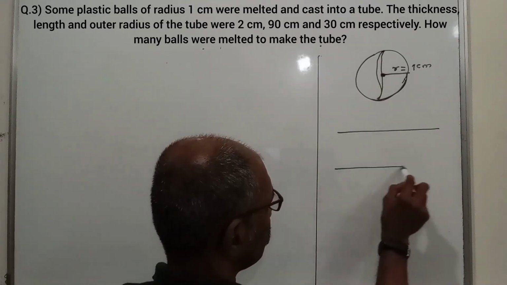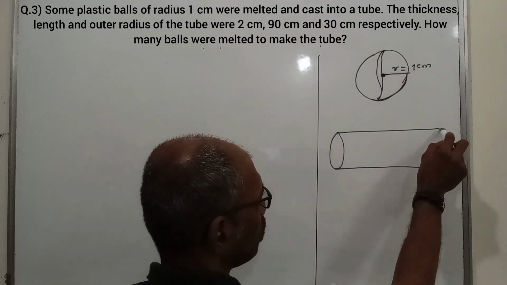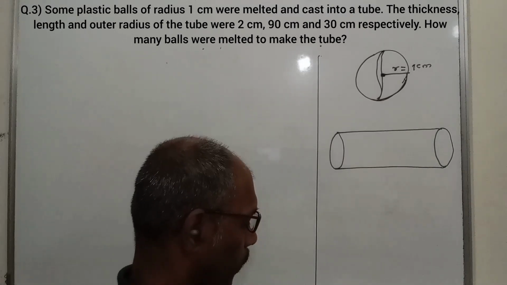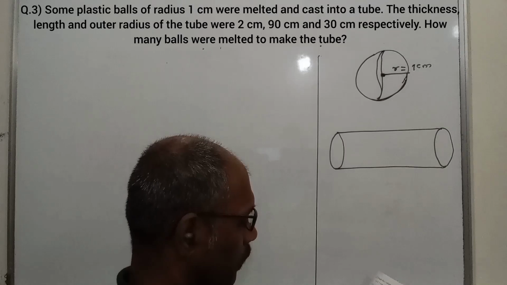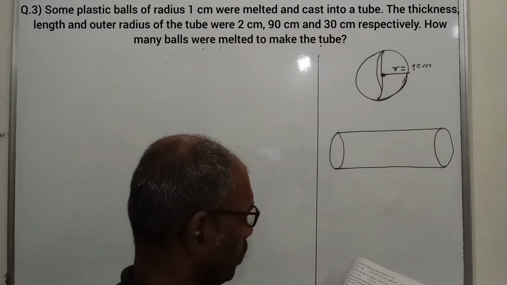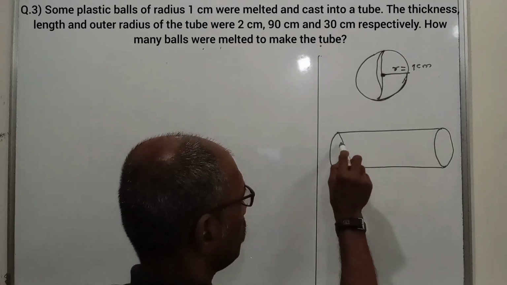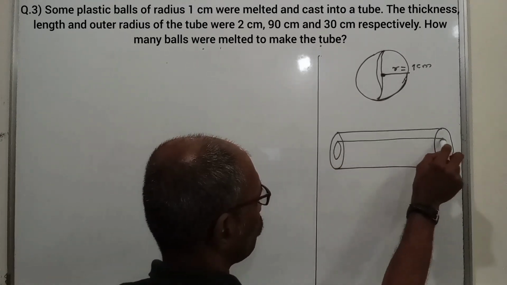See this, this is a tube, a cylindrical tube. Cast into a tube. The thickness, length, and outer radius. Here I will show you this way.